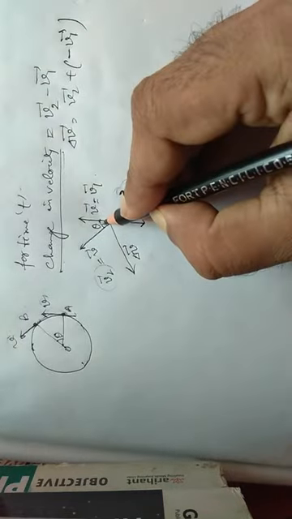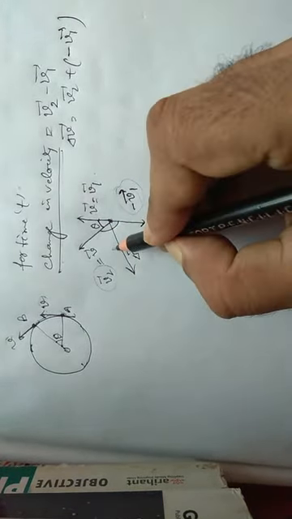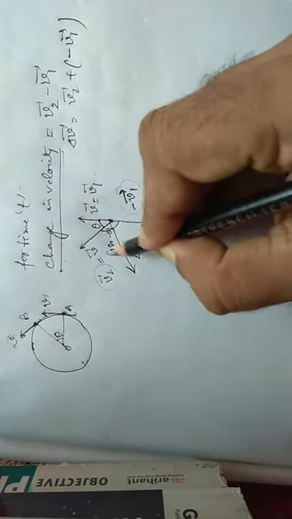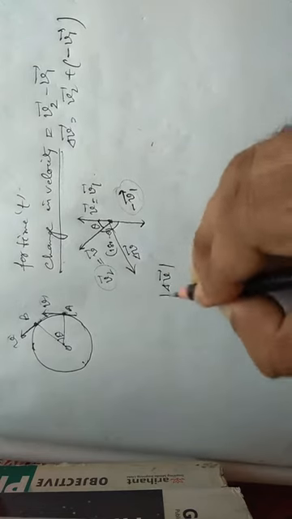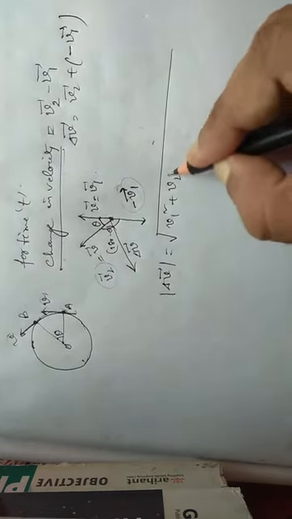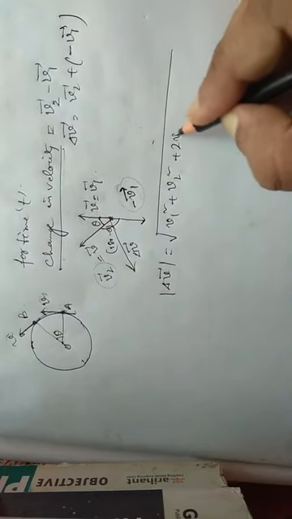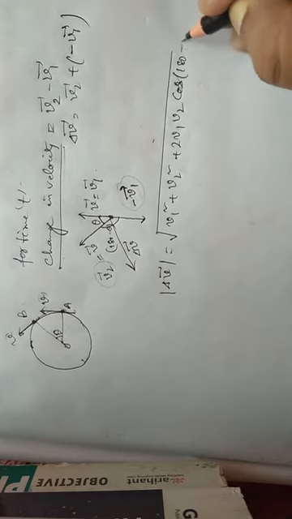Now if this is theta, the angle between v2 and minus v1 is 180 degree minus theta. Same formula. So delta v will be calculated as the square root of v1 square plus v2 square plus 2 v1 v2 cos of 180 minus theta.